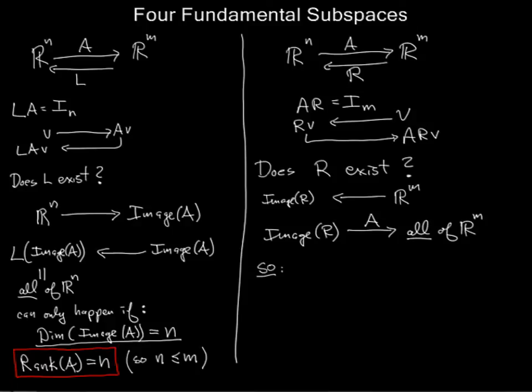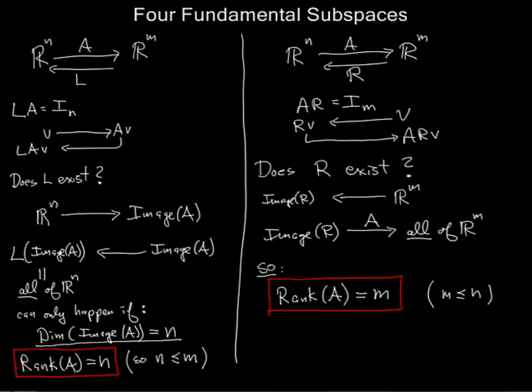Well, that says that the image of A is all of Rm. That says that the rank of A had better be equal to m. And so that's clearly a necessary condition. And again, since the rank is at most m and n, this can only hold if m is less than or equal to n.